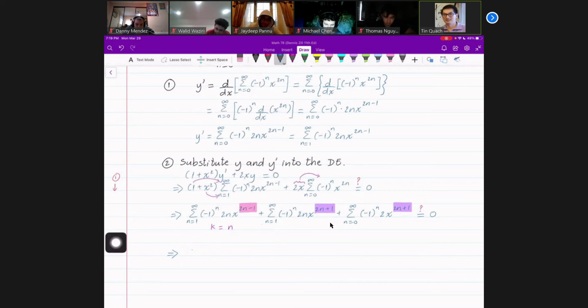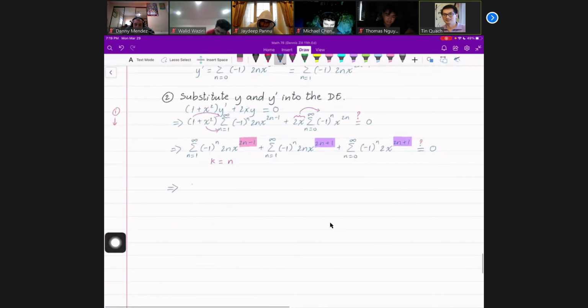So when k is equal to 1 here, I'm going to use this color so you can identify. I'm color coding everything here. That will give you the sum from k equals 1 to infinity of 2k x to the 2k minus 1.